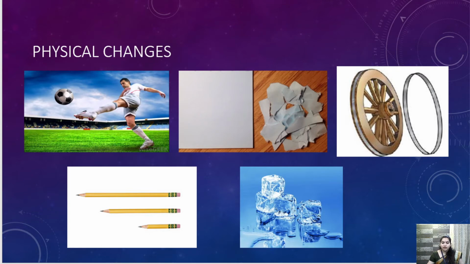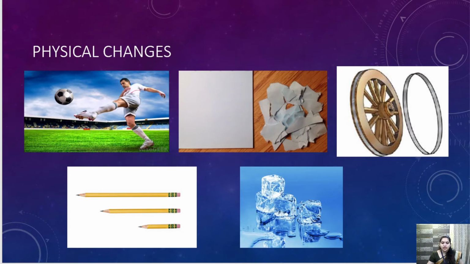Getting it? Now see here, this is a sheet of paper. So this is tearing of paper. We have torn the paper into smaller pieces. So is the molecule of paper changing? Here it is paper, and when you tear it into small parts, then also it is paper.